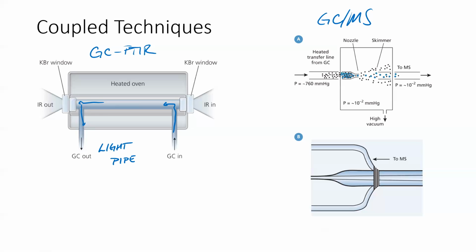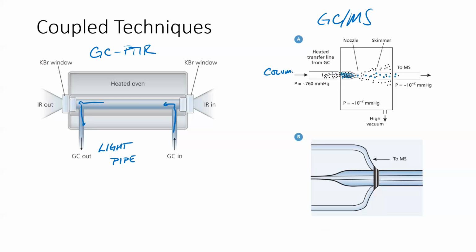In a scanning IR, it took 20 minutes to take a spectrum. So with the introduction of Fourier transform and that quick computation, now they can take an entire IR spectrum on the order of the amount of time that it takes the mobile phase to flow from one end of this light pipe to the other. So pretty nifty.